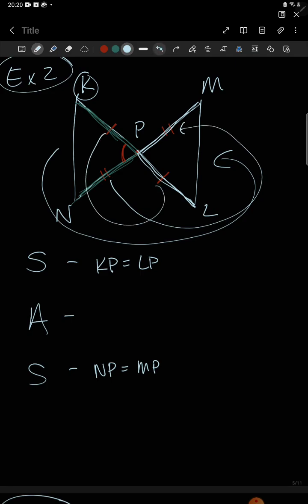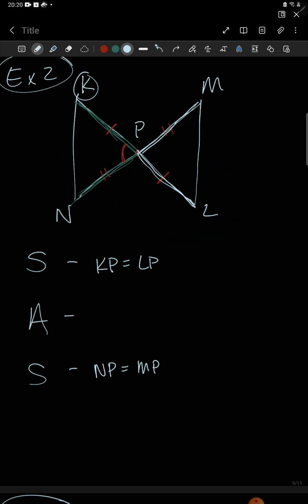Let me step backwards and clean up. Angle KPN is congruent to angle LPM by, and here's our answer. Hold on, let me write that in blue again. Angle KPN is congruent to angle LPM.